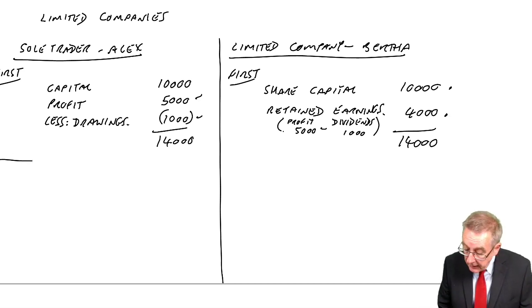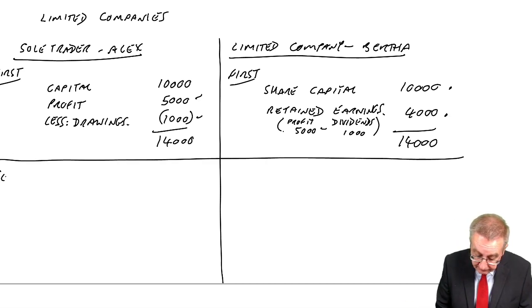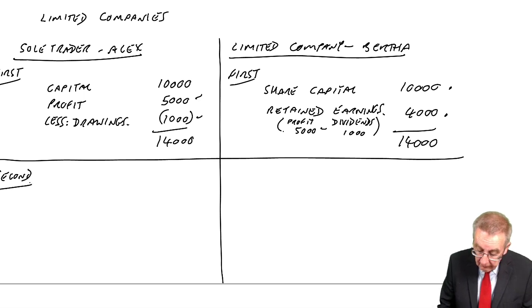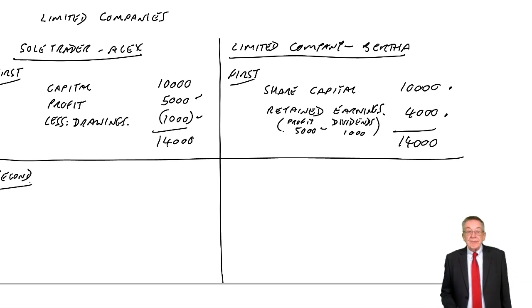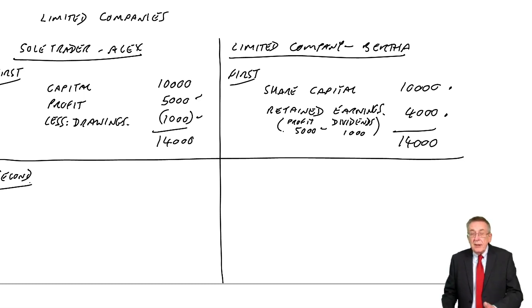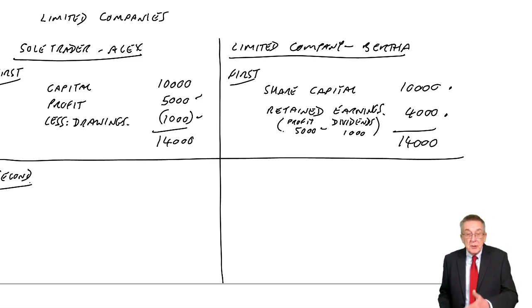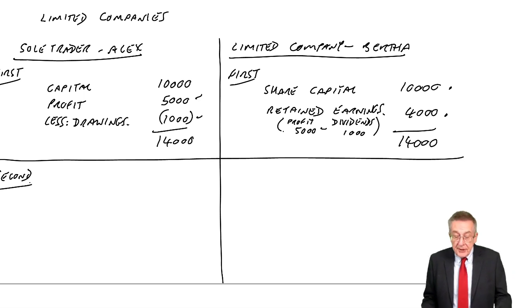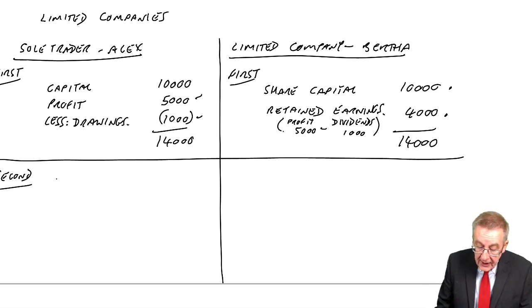To show you the full picture, let's look at the second year. If it's a sole trader, well, at the end of the first year, the total capital was 14,000. So at the end of the second year, we say the capital brought forward was 14,000.